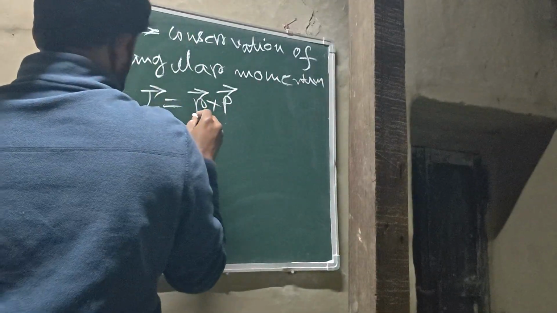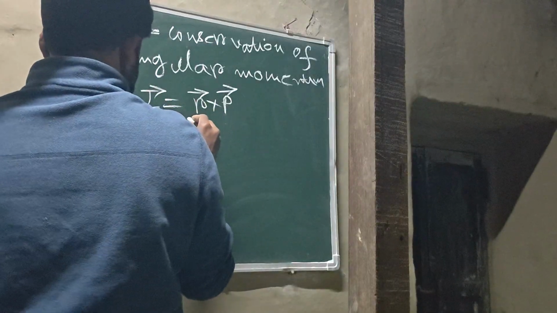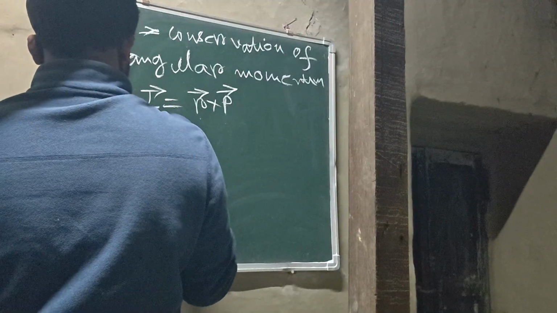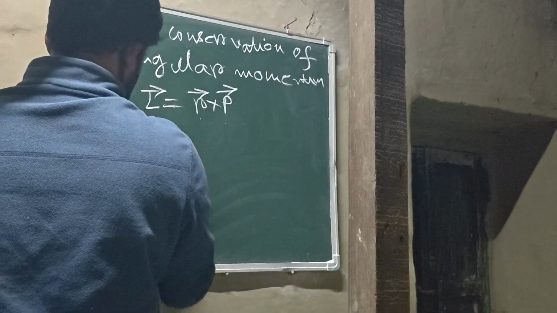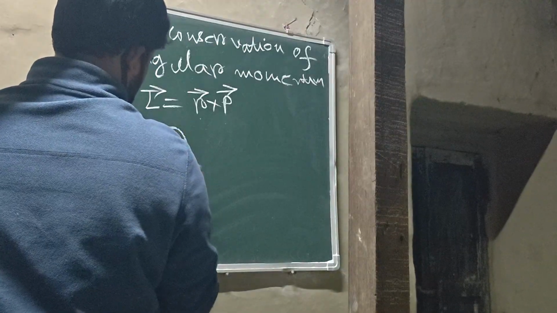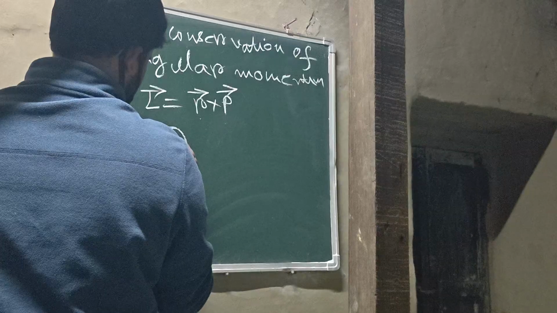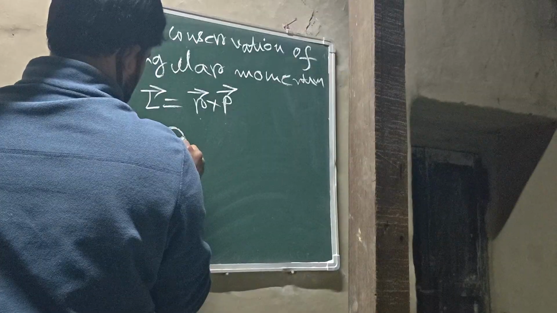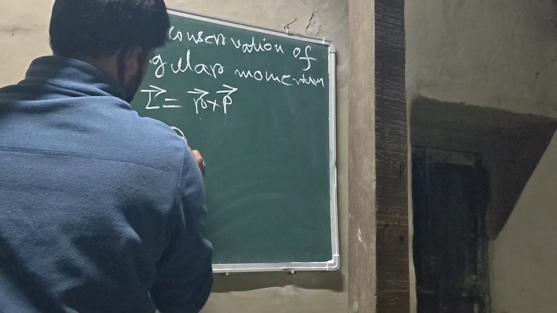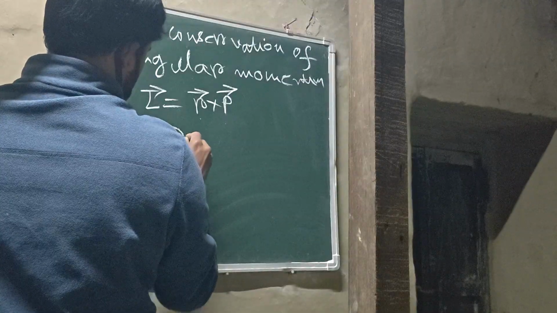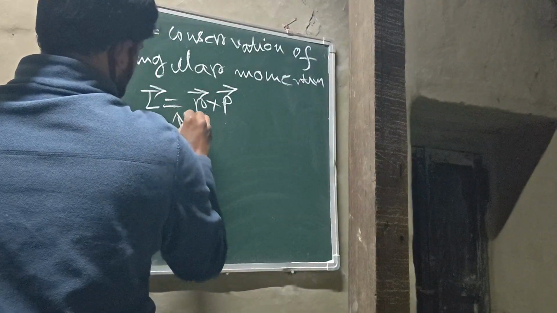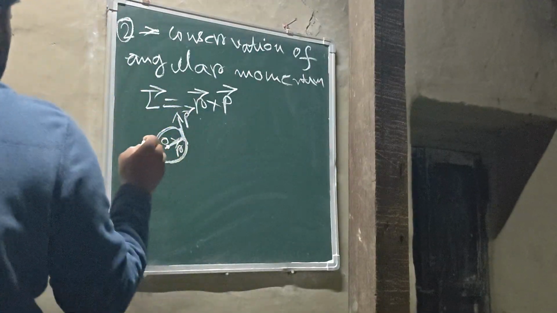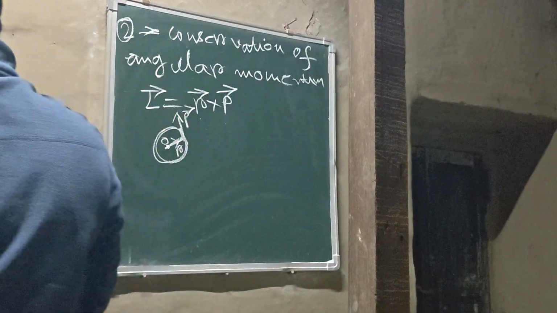R is the radius or position vector of the particle in a circular path. If a particle is moving in a circular path, then the radius vector of the particle from origin O and the linear momentum of the particle P, their cross product is called the angular momentum of the particle.